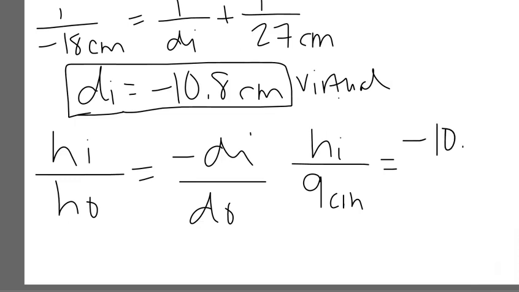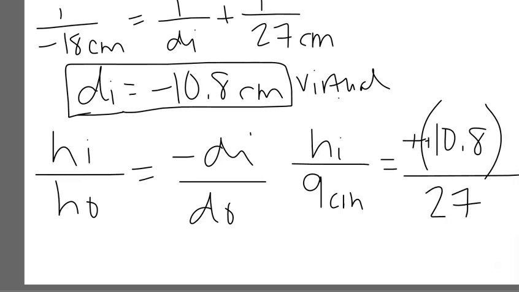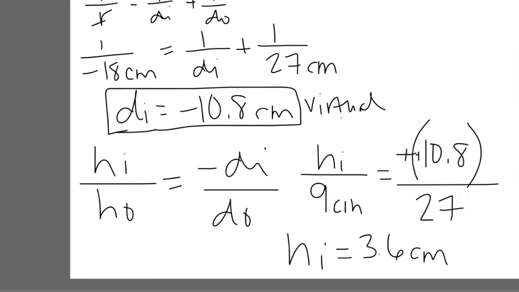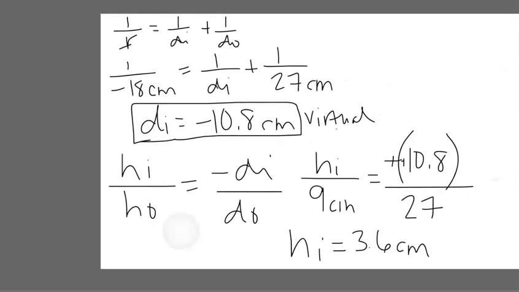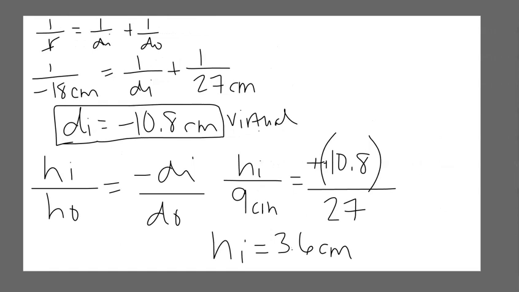We plug in what we just solved for, negative 10.8, but two negatives make a positive, over DO, the distance of our object, which was given to us as well, 27. Solve for that, and you get a height of the image of 3.6 centimeters. The height of our image is positive, so that means our image will be upright.